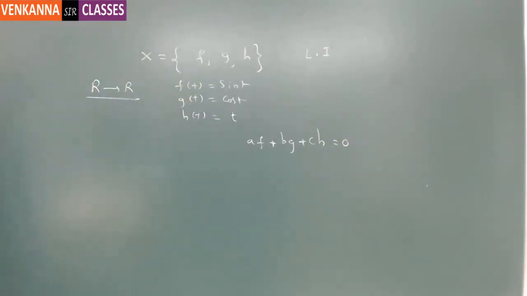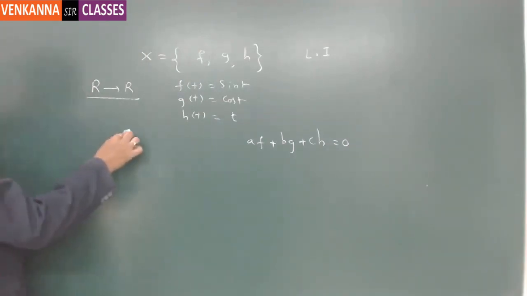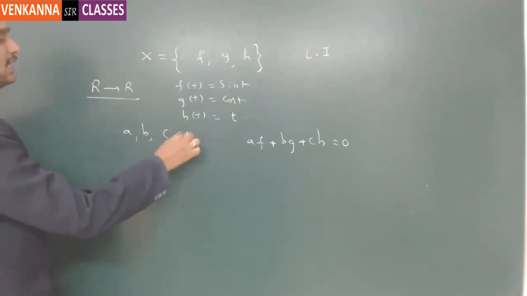So please understand that the 0 on the RHS indicates the 0 function, and A, B, C are nothing but the scalars taken in the field.